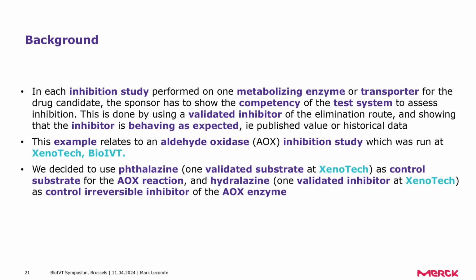This example relates to an aldehyde oxidase inhibition which was run at Xenotech, and I was the monitor of this. In that study, we decided to use phthalazine, which is a validated substrate for AOX and validated at Xenotech, as control substrate for the AOX reaction.